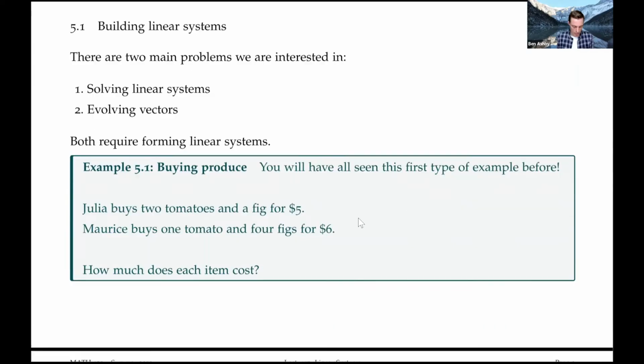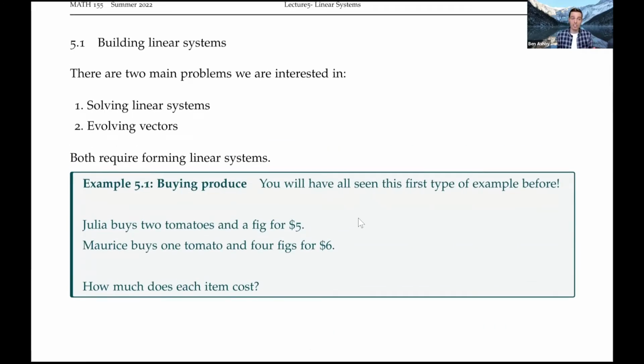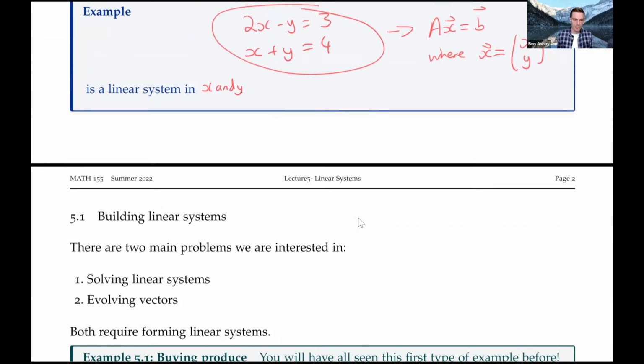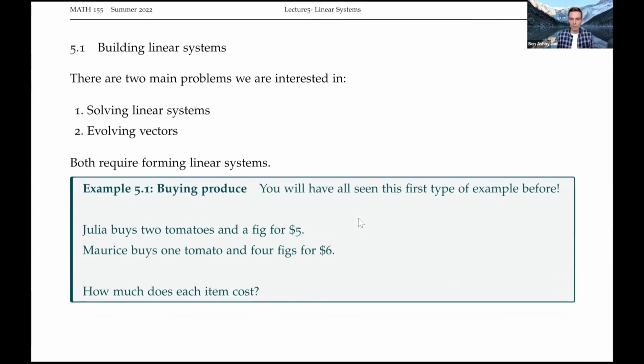So as I mentioned at the start, there are two types of linear systems that we're interested in solving using matrices. The first is of that kind of system of equations that I just had up here, 2x minus y is equal to 3, x plus y is equal to 4. That's a system of linear equations, sometimes referred to as simultaneous equations.